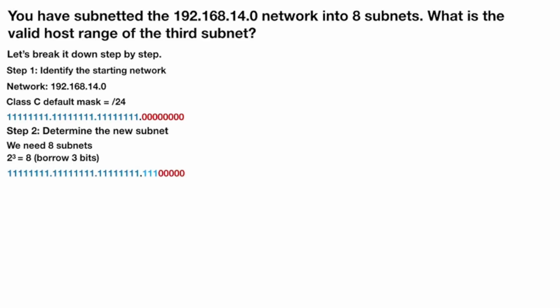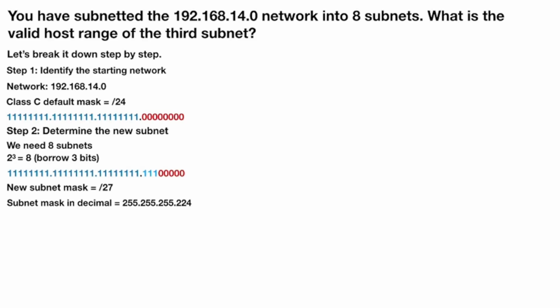It was /24, but 2 to the power of 3 is 8, so we borrowed 3 bits, and now we have 27 bits for the network portion, which means the new mask is /27. When we convert it to decimal, the subnet mask is 255.255.255.224.